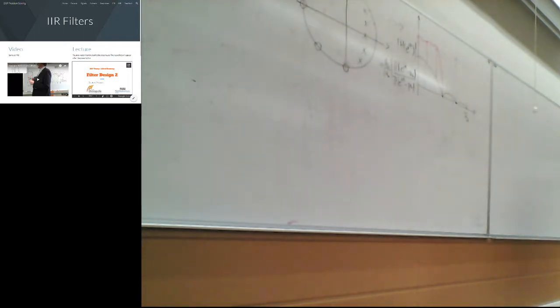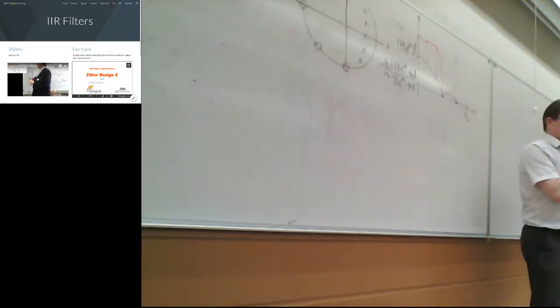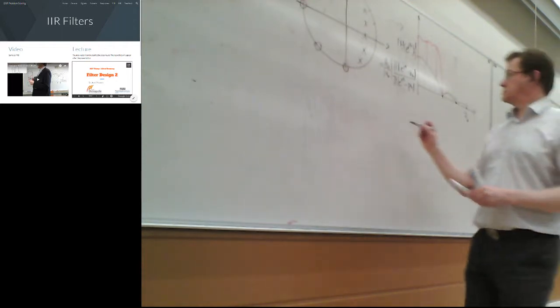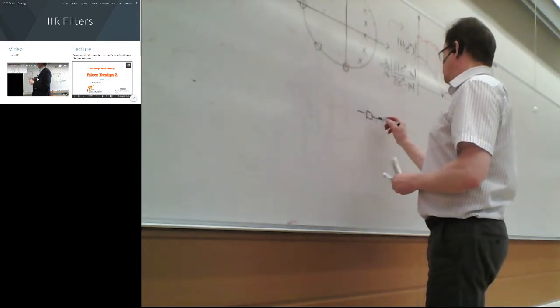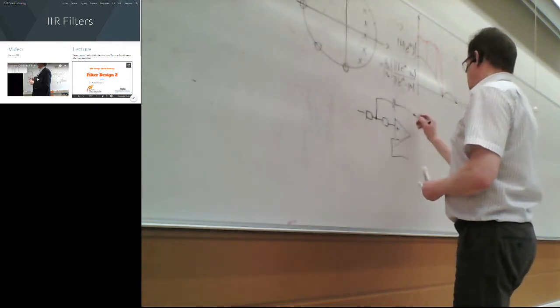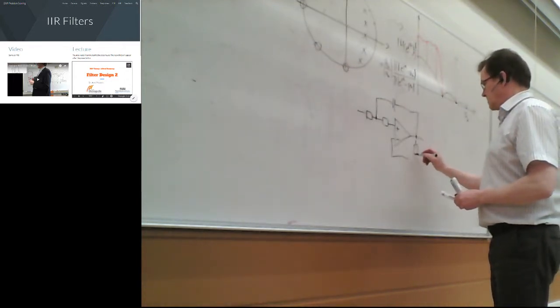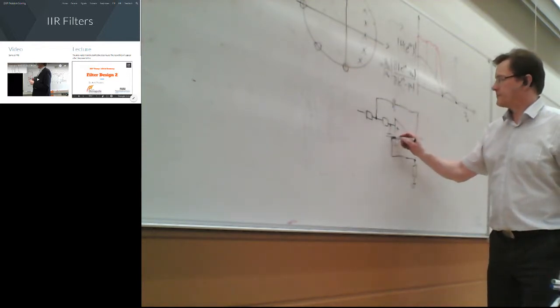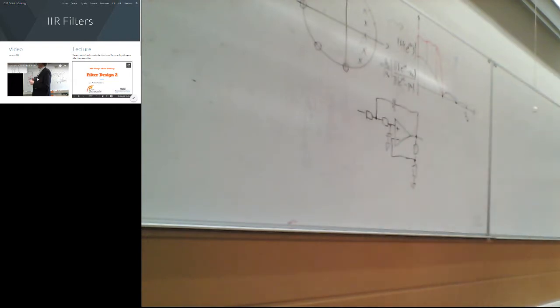On analog filters, we have the Sallen-Key filters. A Sallen-Key low-pass filter would look something like this, with some gain. Oops. That's a Sallen-Key low-pass filter. Does it look familiar? It should ring your bell.